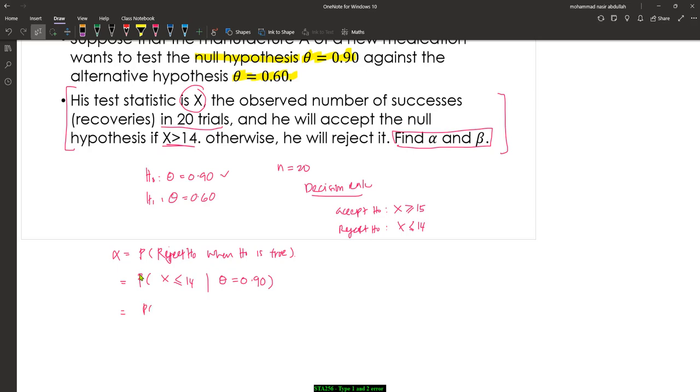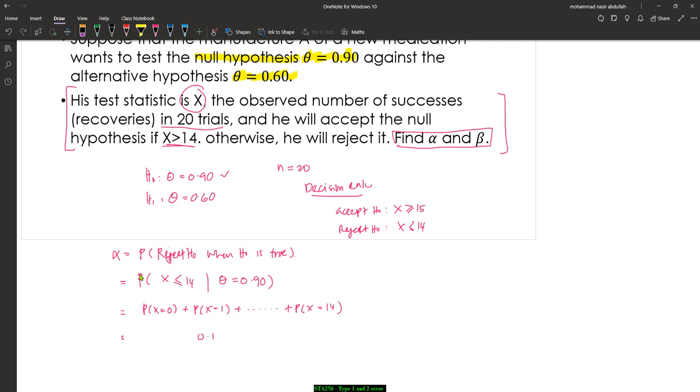So probability of X equal to 0 plus probability of X equal to 1 plus until probability of X equal to 14. This one should be 20 choose 0, probability of success is 0.9 power of 0, 0.1 power of 20.